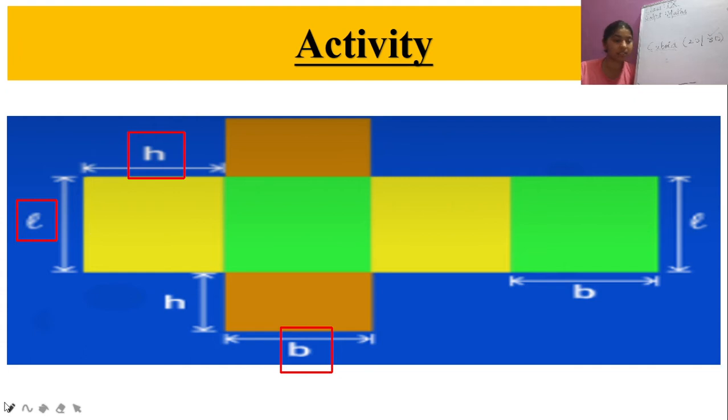Let's see, we consider this as 1, 2, 3, 4, 5, 6. How many faces of a cuboid can you see? Yes, 6. Very good. So we have 6 faces, 6 rectangles that combine to give a cuboidal box, right?